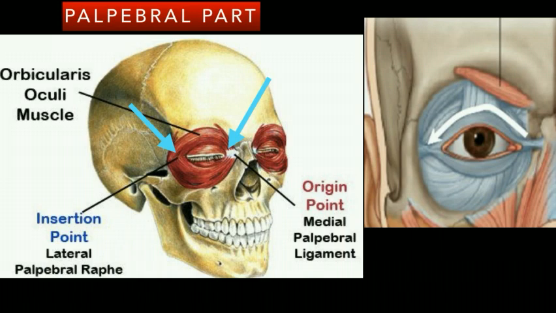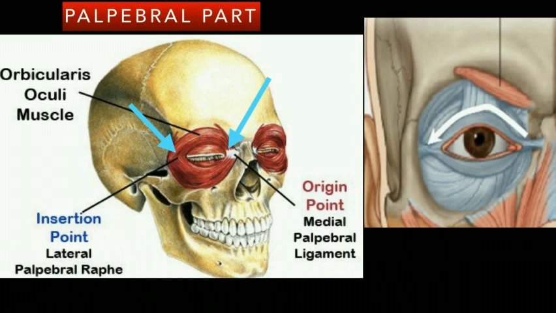Unlike the orbital part, it does not encircle the entire orbit, but it originates from the medial palpebral ligament and ends into the lateral palpebral ligament.